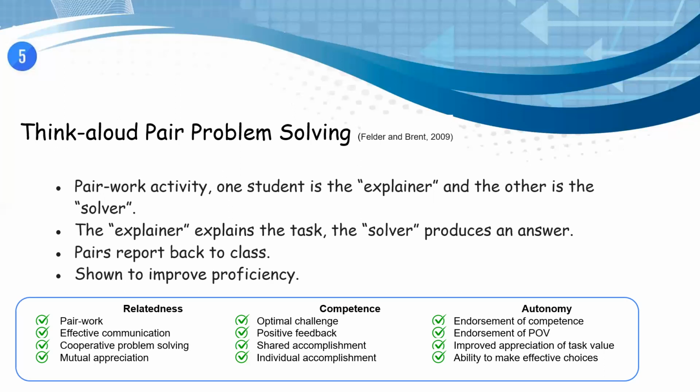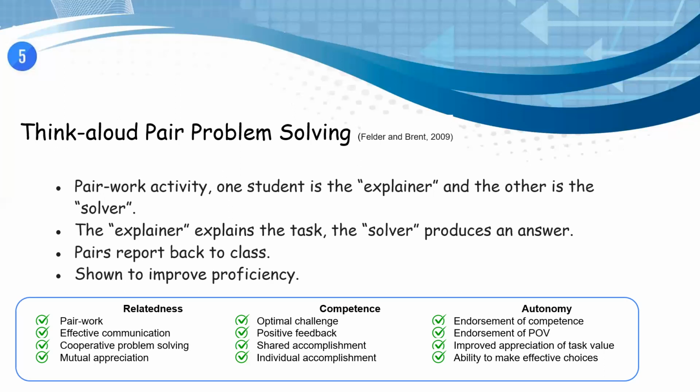The explainer's role is to explain all of the necessary information, to expand on anything that the solver might not fully understand, to give hints and clues so that the solver can work towards an answer. And the solver should ask for help, ask for extra explanation, ask for hints, ask for more information if needed.